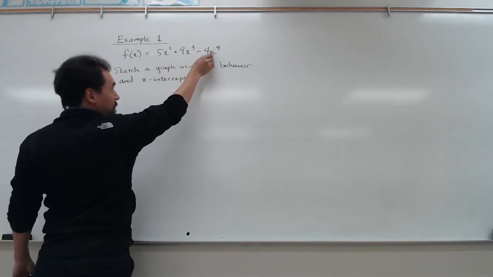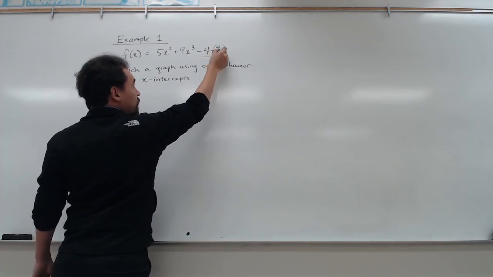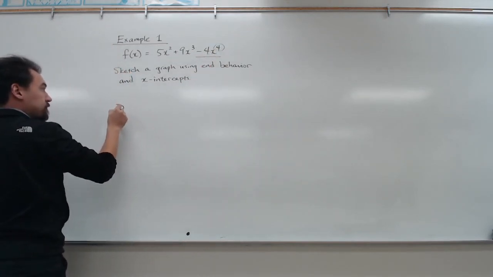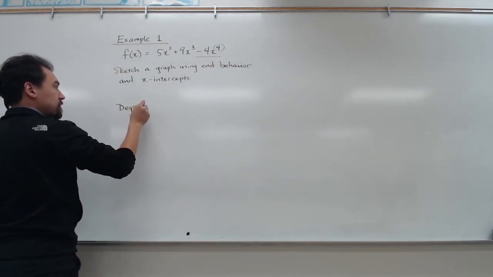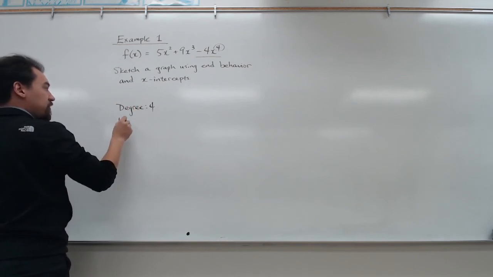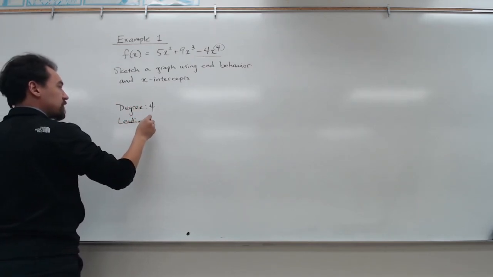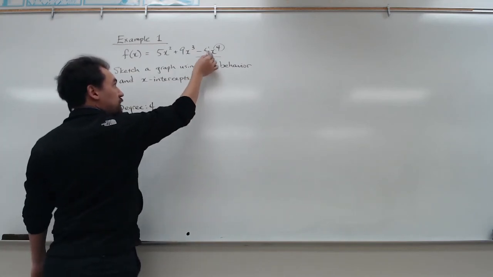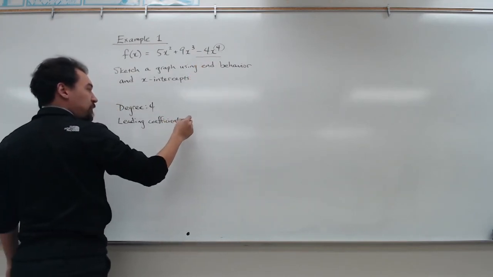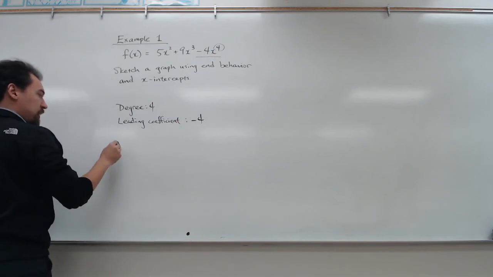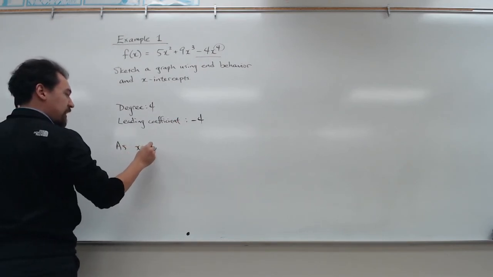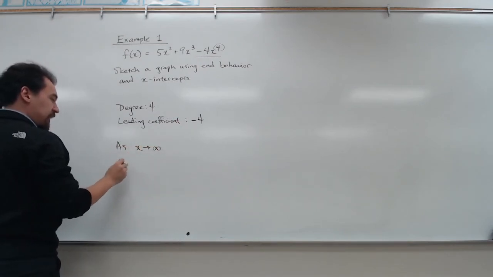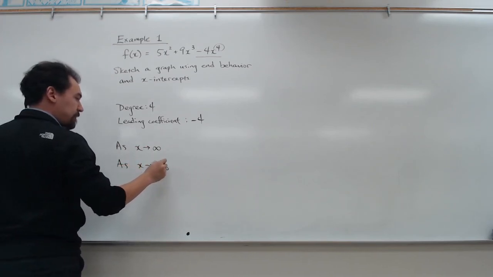We see the biggest power of x shows up right here, so the degree is 4. And the leading coefficient is the negative 4 attached to the x to the 4th power term. So the end behavior becomes, as x goes to positive infinity and x goes to negative infinity.